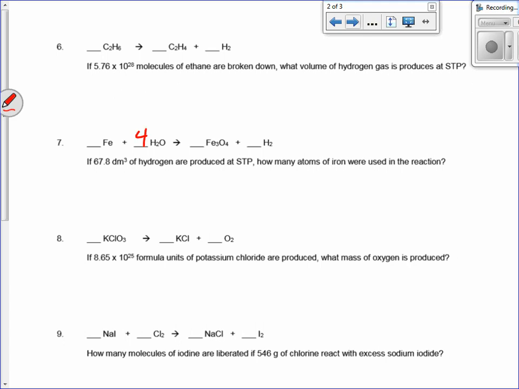First, we have to balance, though. So we need a 4 there. We need a 3 here. And we're going to need a 4 here. Okay? So we balance it. Because it gave us this one where we're starting with this decimeter cubed stuff. Decimeter cubed of hydrogen.